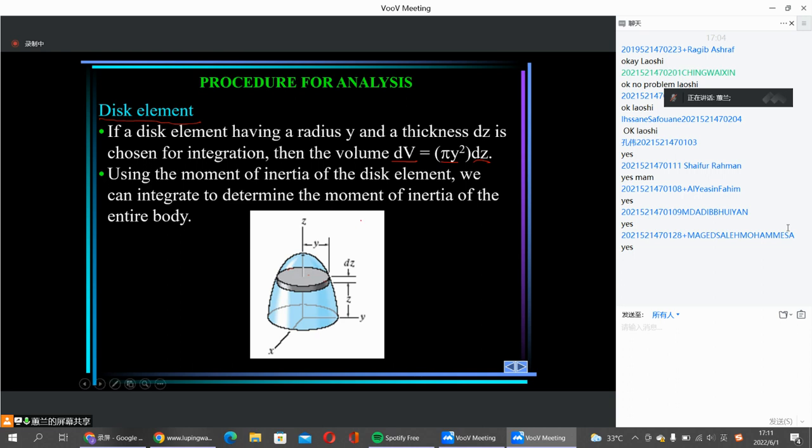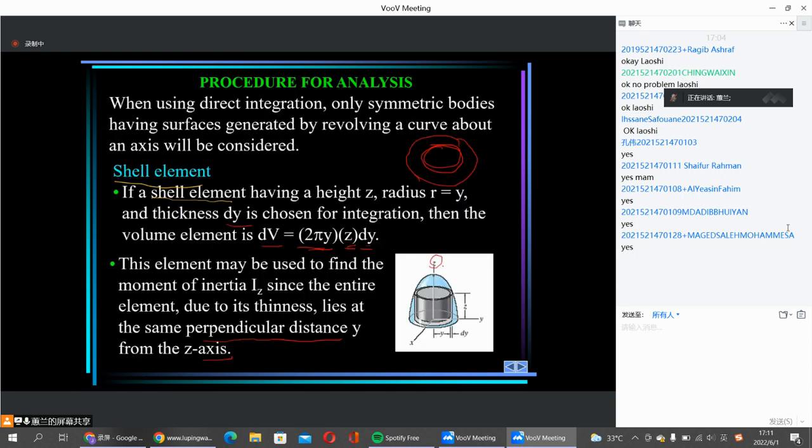Sorry, I forgot one thing here. When you choose the shell element, the differential element is given here. When you integrate, the lower limit will start from 0 and the upper limit is r. Am I right?